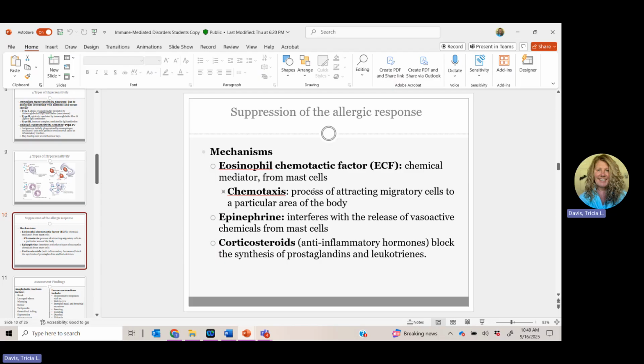Then, of course, we have medications that we can give. We can give epinephrine and we can give corticosteroids. So epinephrine is going to interfere with that process on releasing of those vasoactive chemicals from those mast cells. So it's going to act on those mast cells and keep them from releasing that vasoactive chemical. And then, of course, we know our corticosteroids are going to be those anti-inflammatory hormones, and they're going to work by blocking the synthesis of those prostaglandins and those leukotrienes.